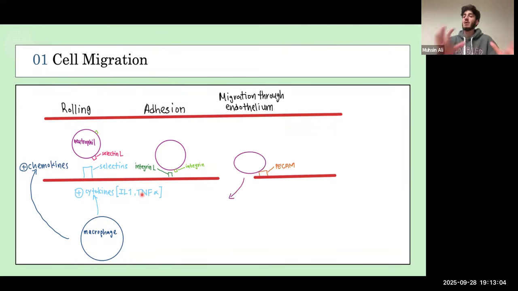And then lastly, now we have it in the blood, we need to be able to take this neutrophil from the blood into the site of the tissue where the microbe is. And how do we do this? We do this by another third protein that is expressed on the endothelium by the same cytokine, which is your PCAM. So you have your PCAM expressed, which is going to bind to your neutrophil, and it's going to allow your neutrophil to go through the endothelial.